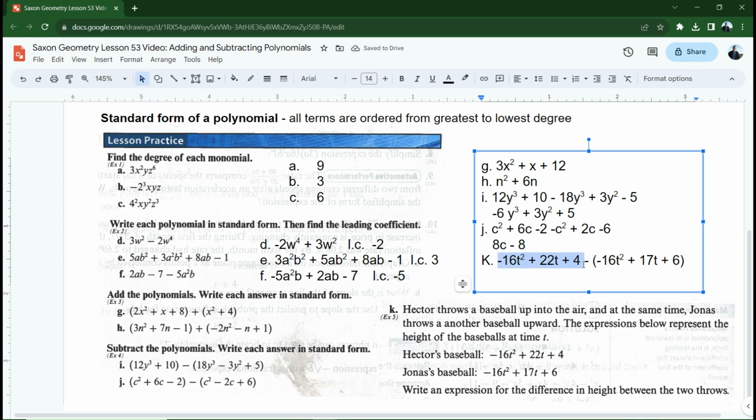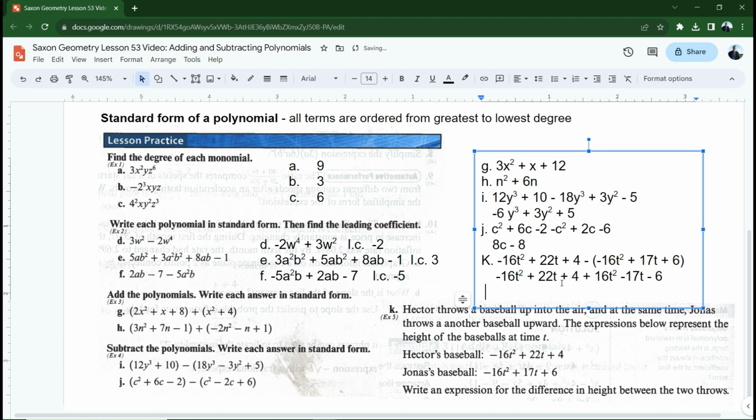Now this minus is going to change the sign of everything in parentheses. So let me just copy this. And then let's change the sign of everything. It's going to become plus 16t squared. And then minus, because it changed the sign, minus 17t minus 6.